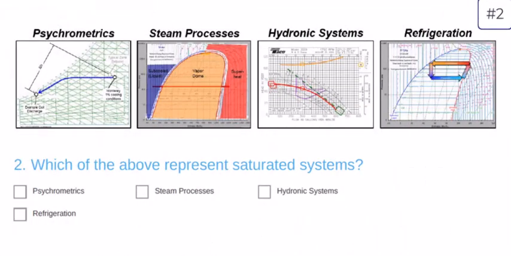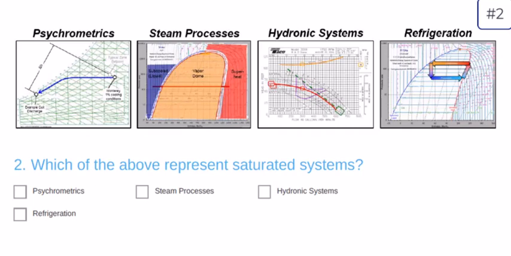Question 2 asks, which of these above visualizations represents saturated systems? And by that, we mean which of these HVAC processes has something to do with a phase change from liquid to vapor and can be thought of as a multi-phase saturated system.